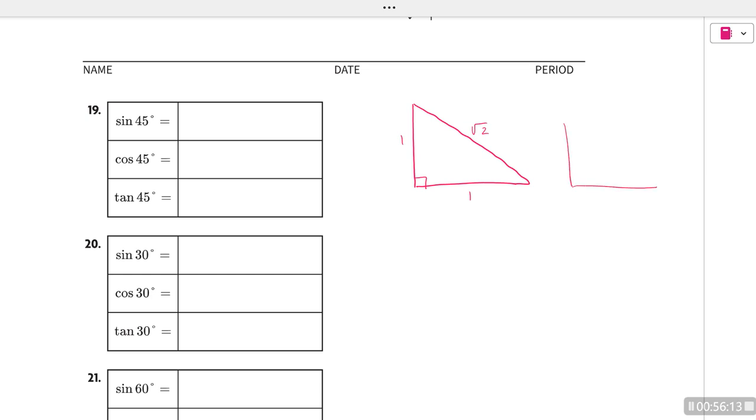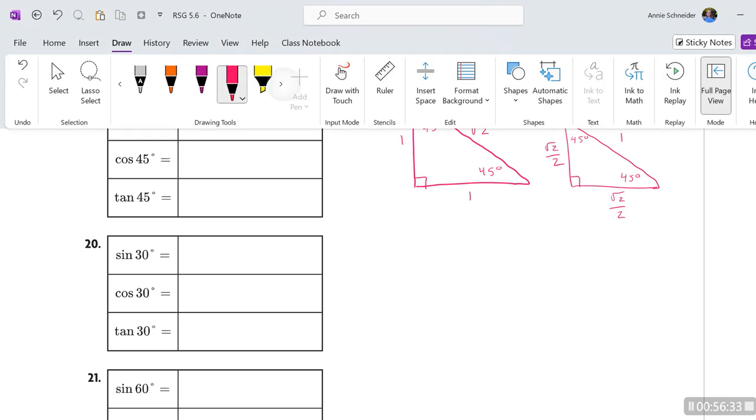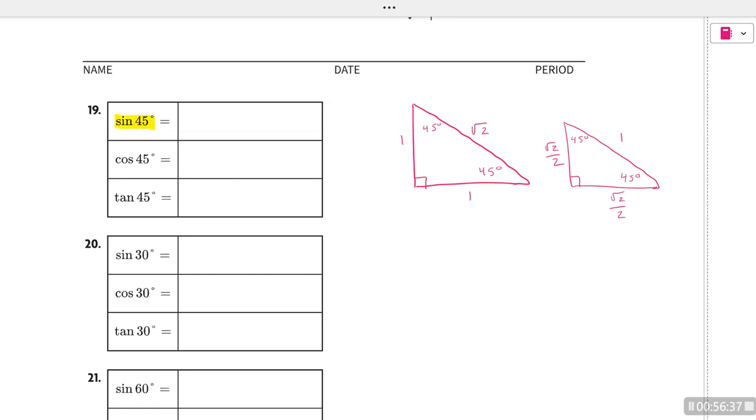Or we could make this one, and this is square root 2 over 2 and square root 2 over 2. So we can actually choose to look at whichever triangle works better depending on what we're asking to find, right? So our sine of 45, remember that's opposite.